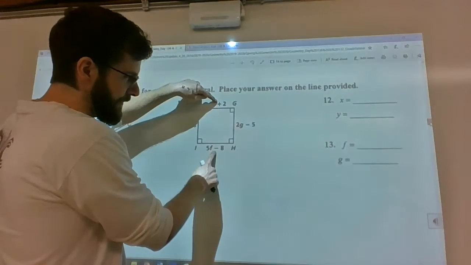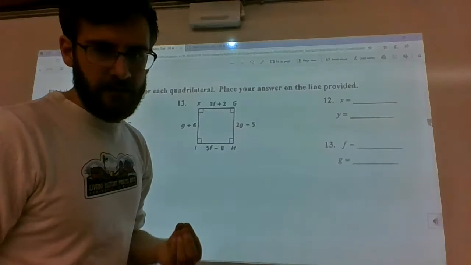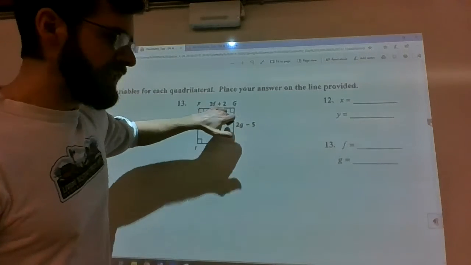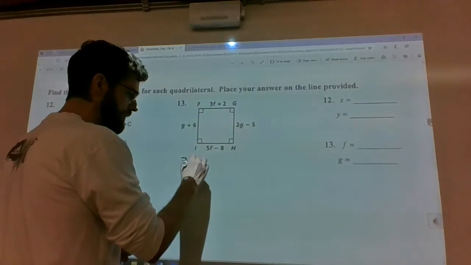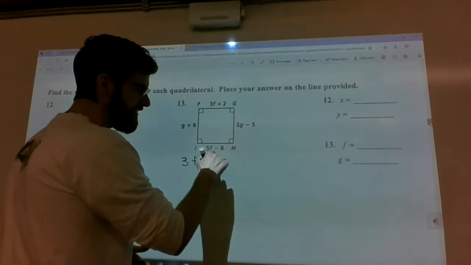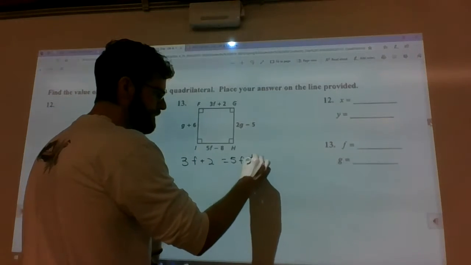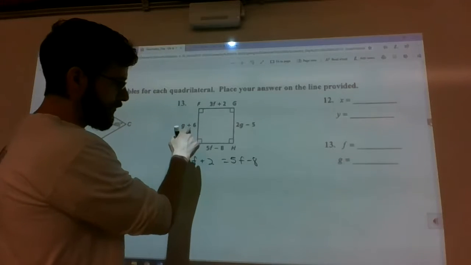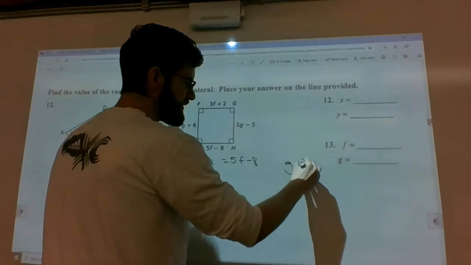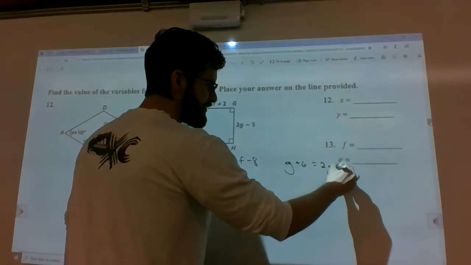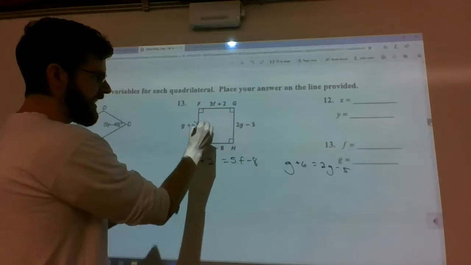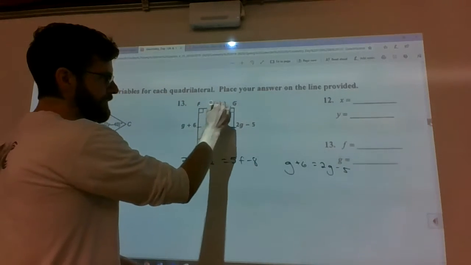Opposite sides of a parallelogram are congruent. So 3f plus 2 is equal to 5f minus 8. Over here, g plus 6 is equal to 2g minus 5, because opposite sides are congruent.